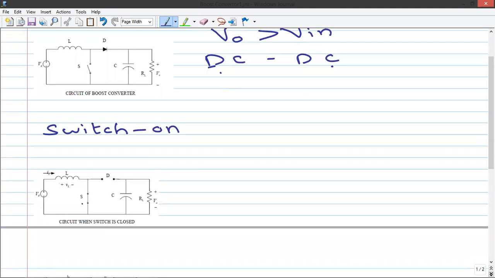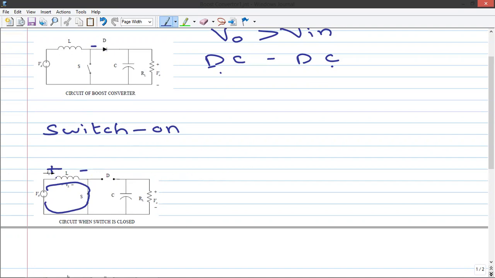When the switch is in the closed position, the inductor will be charging. This end will have positive polarity and this end negative polarity. The current flows from the supply positive through the inductor and the switch to the supply negative. At the same time, the diode is reverse biased because the anode is connected to the negative side, so the diode is an open circuit.